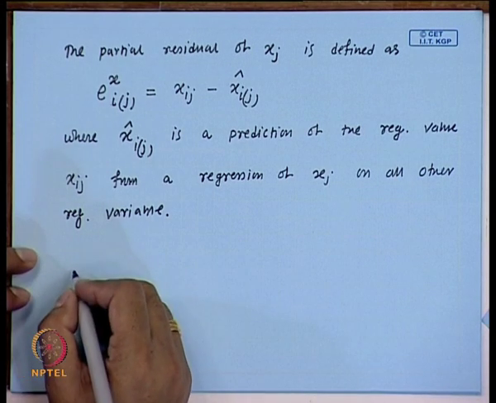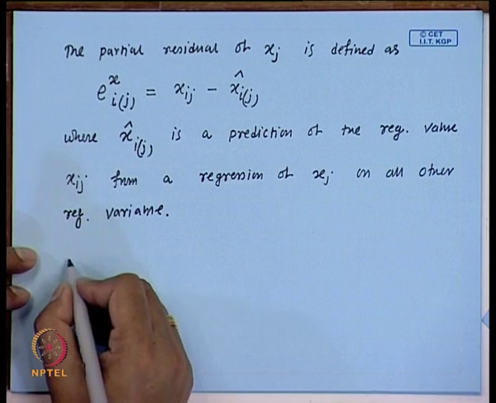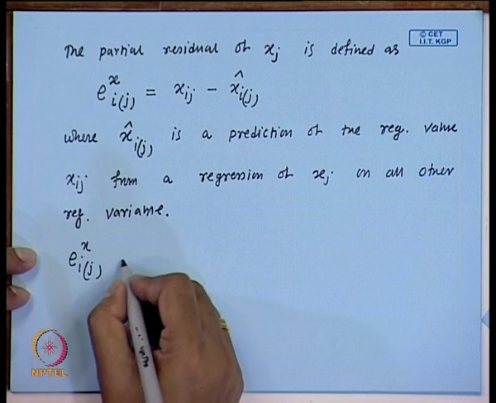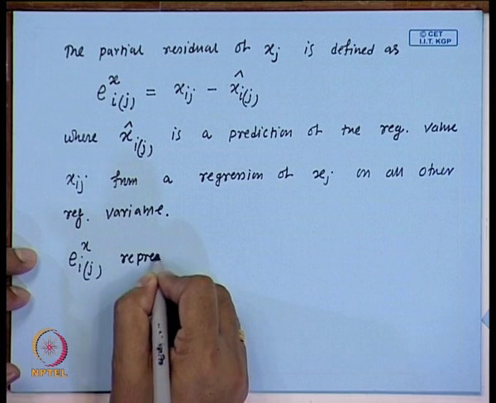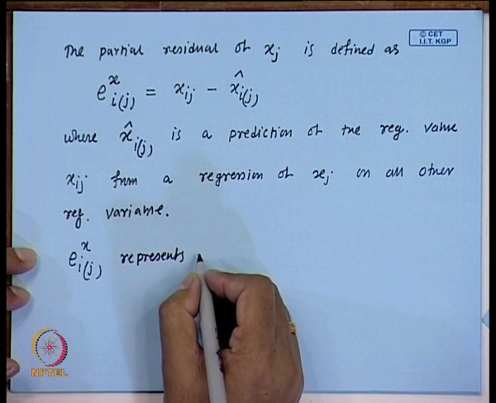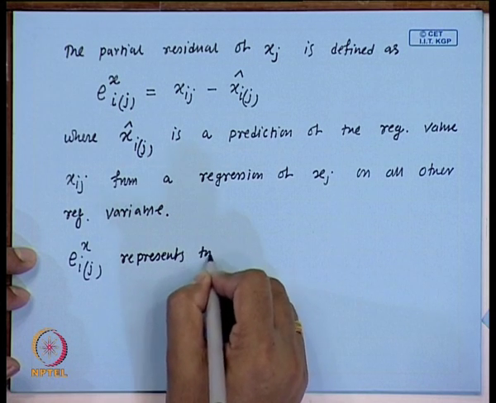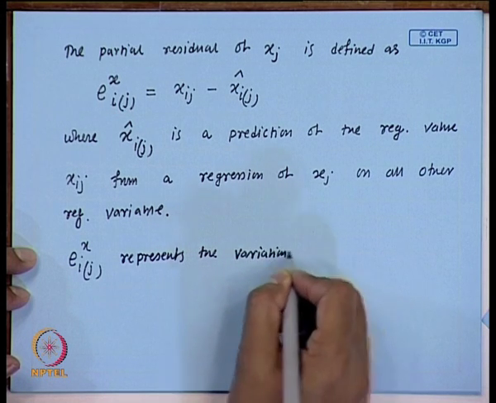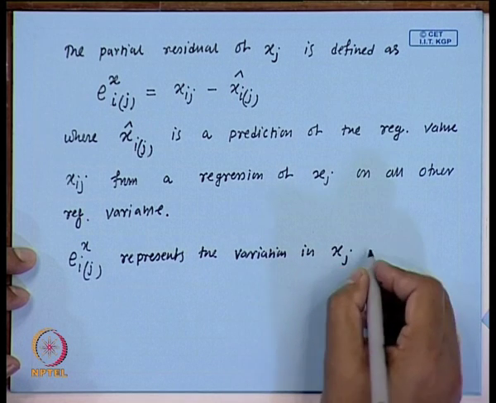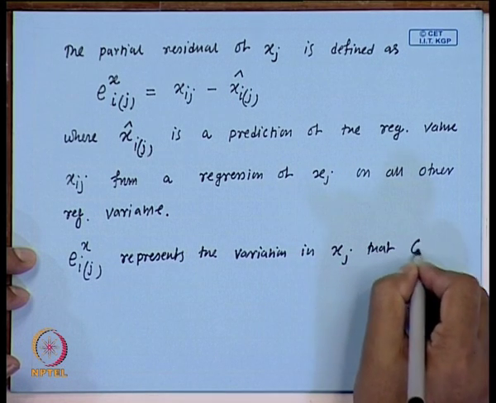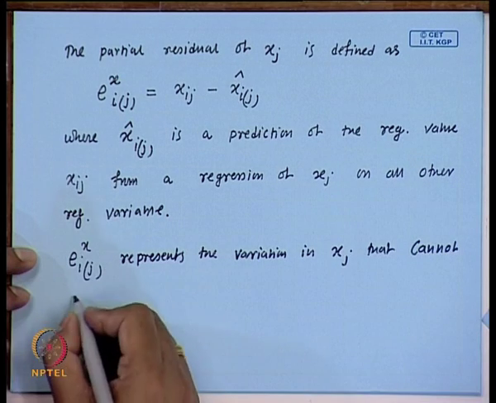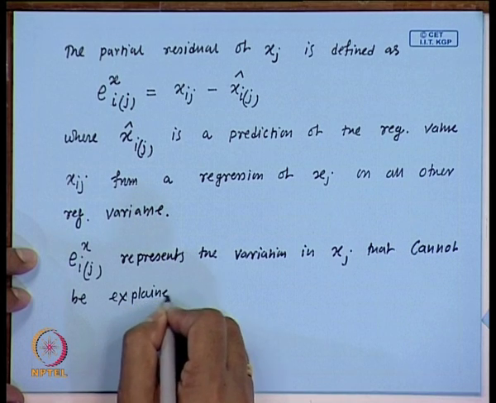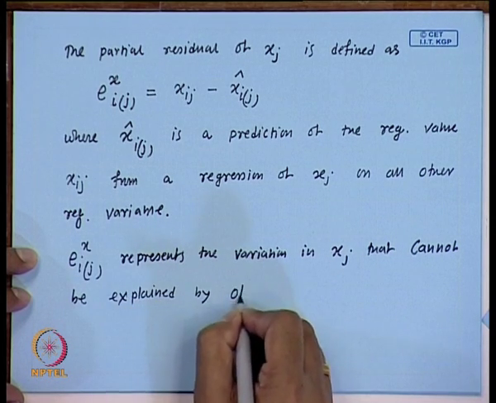Okay. So, similarly, this e_ij^x represents the variation in xj that cannot be explained by the other regressors.